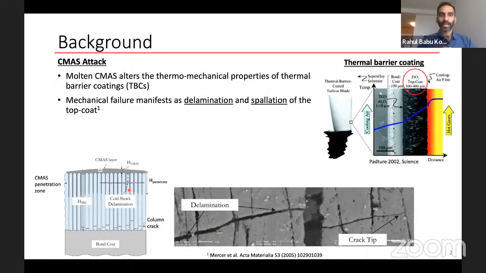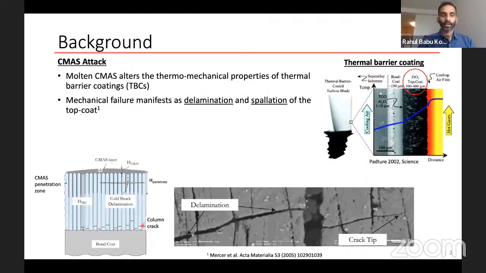It manifests as delamination, as you can see here in this cartoon. These are these horizontal cracks. These are caused once the melt infiltrates into these top coat columns and it solidifies. And once it solidifies, it creates a composite material with the TBC, and it alters the mechanical properties, and it can't handle the stress anymore, and it just cracks.